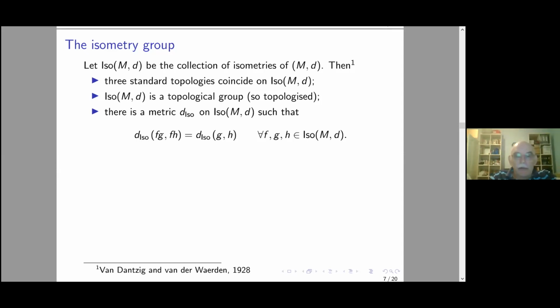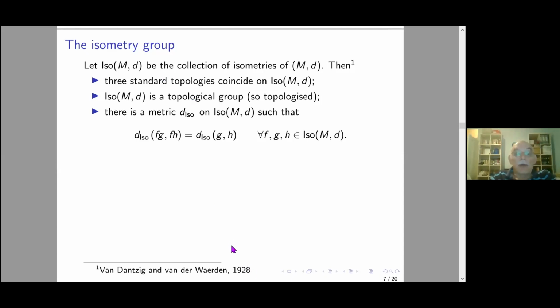So there was quite a lot of research about topological groups in the early 1900s as people tried to solve this problem of Hilbert, and eventually it was solved through the work of many people in around about 1950.